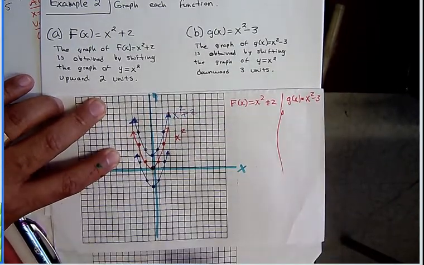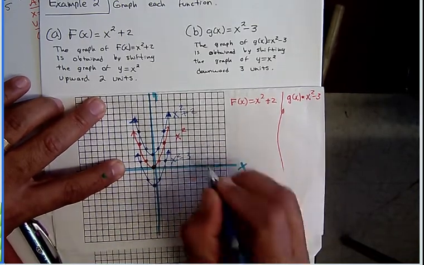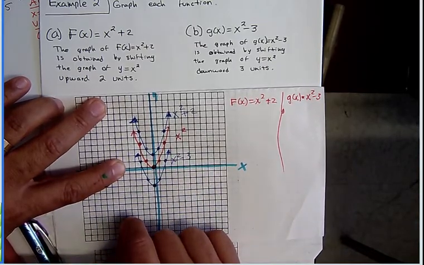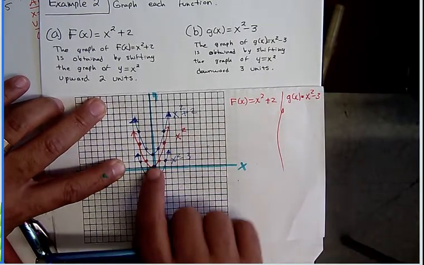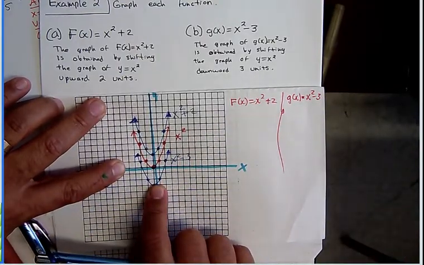This would be the x squared minus 3 function. That's how they look different. That one moved up 2 units. This one moved down 3 units.